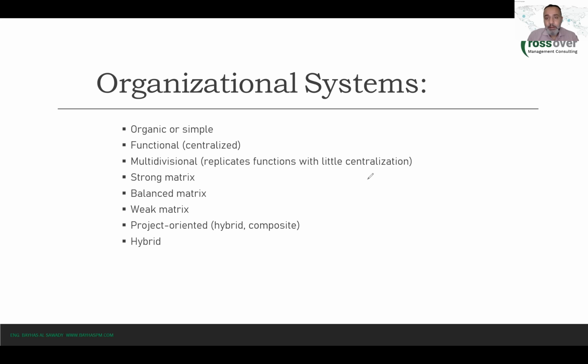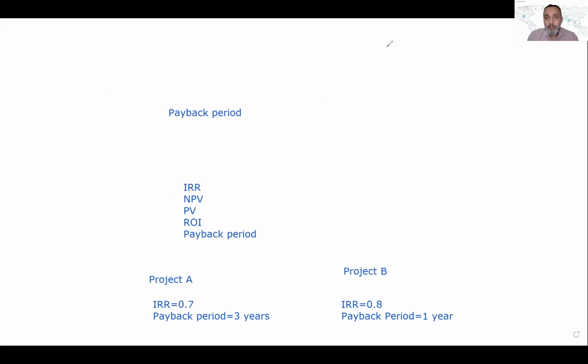Let's start with the functional structure. Now, the functional structure is probably the most common structure that we see, where the company is organized as follows. You have, of course, on top of the company, the CEO.